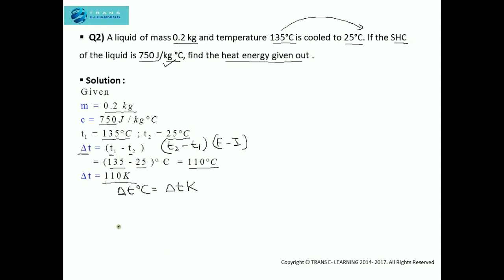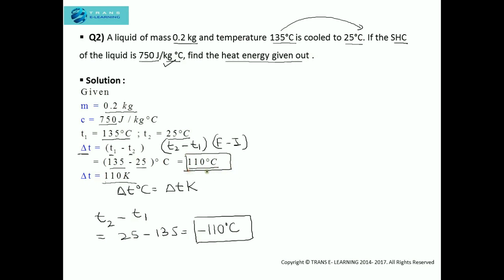So let us take it this way. Here, when I took initial temperature minus final temperature, I got the value 110 degrees Celsius. Now, if I take final temperature minus initial temperature, I will get 25 minus 135, that is minus 110 degrees Celsius. If you analyze these two, the magnitude is the same, 110 degrees Celsius. Only the difference is in the sign.